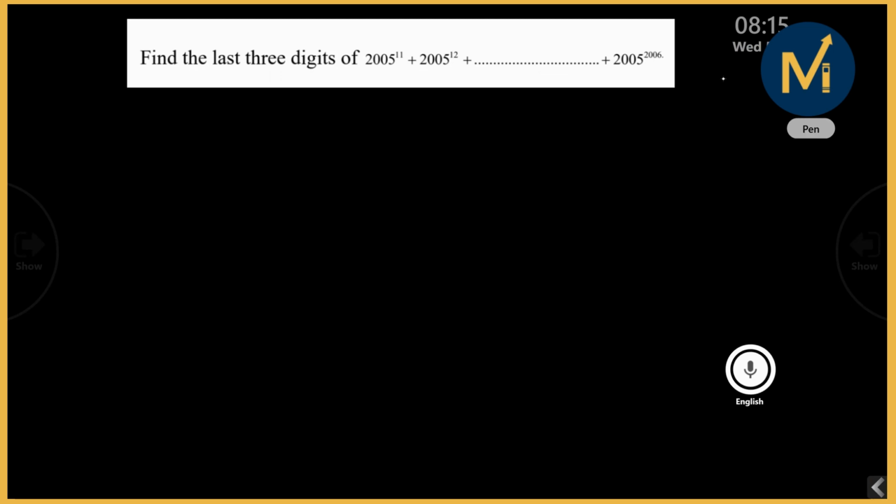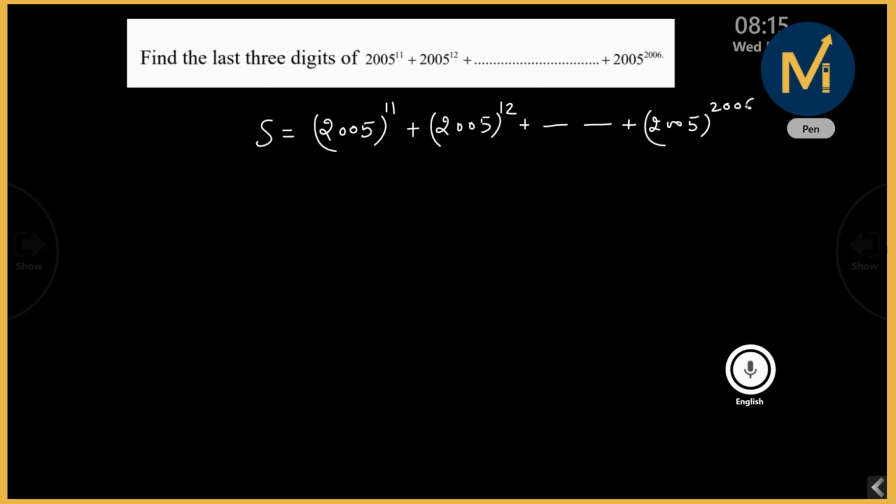So I am assuming this number as S. So your S is 2005 raised to 11 plus 2005 raised to 12 and so on, and the last term is 2005 raised to 2006.